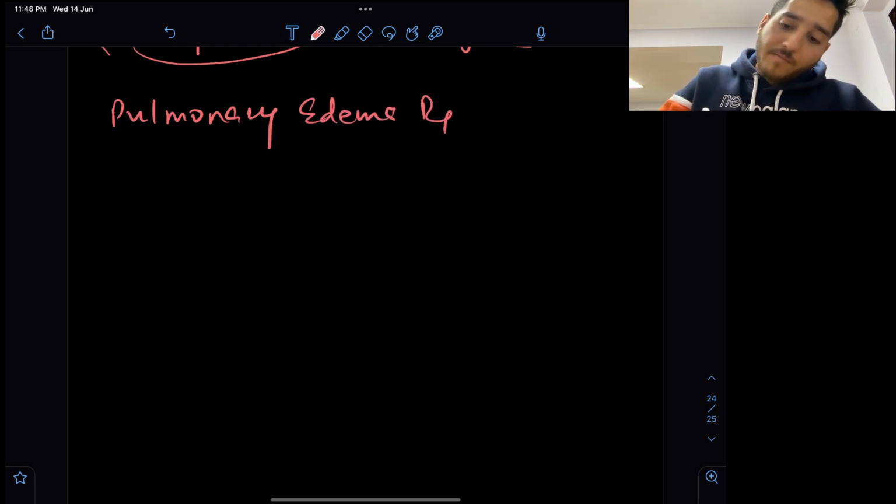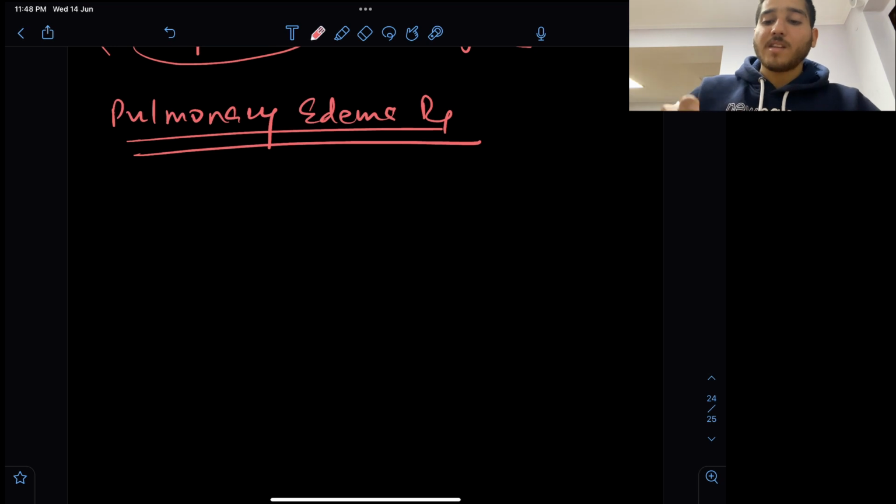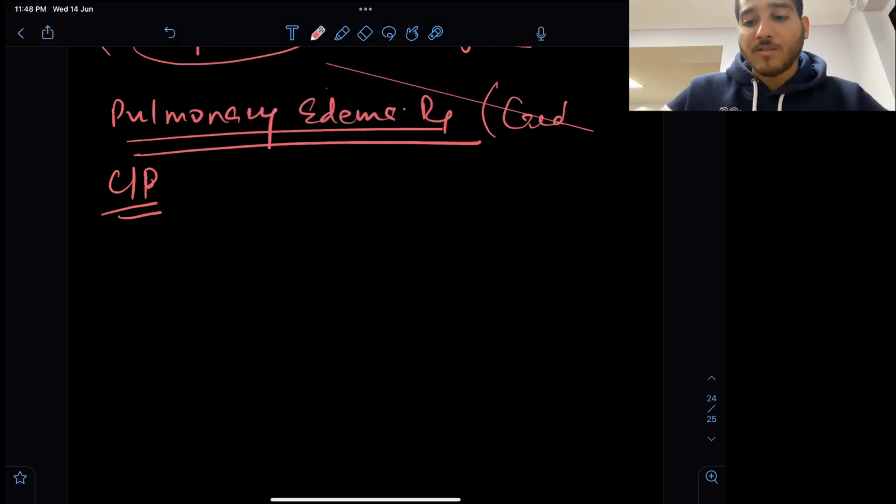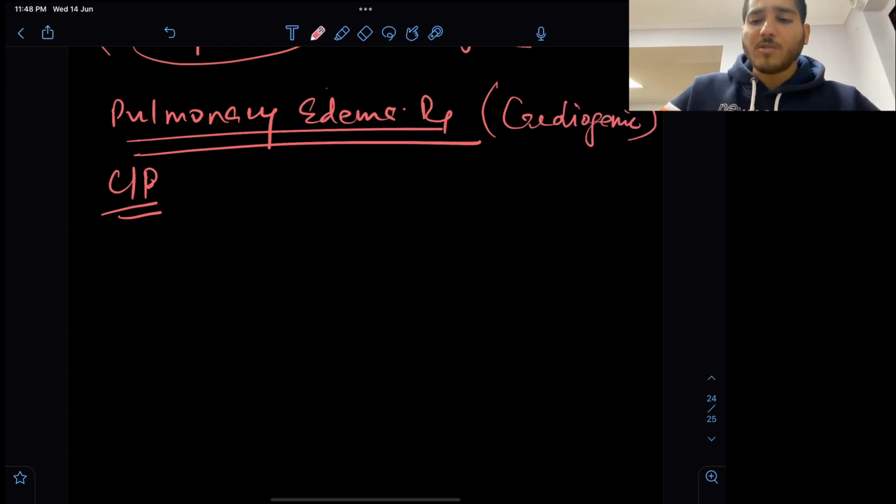In the last, I'll finish with pulmonary edema treatment. Okay, so for the clinical presentation, we know pulmonary edema can have a cardiogenic reason also. Okay, the most common reason for pulmonary edema is cardiogenic.